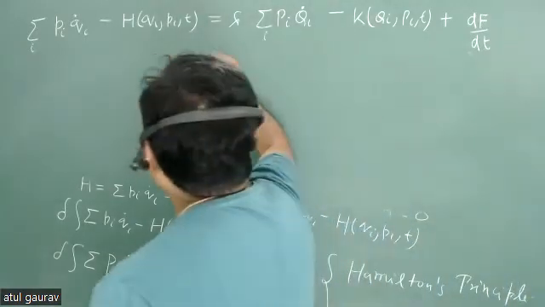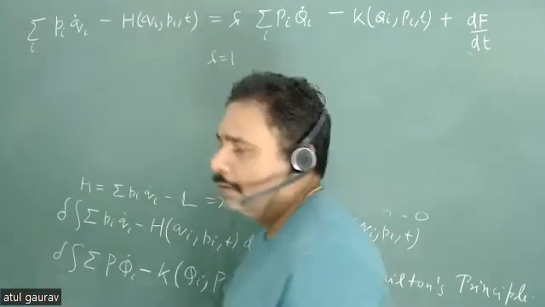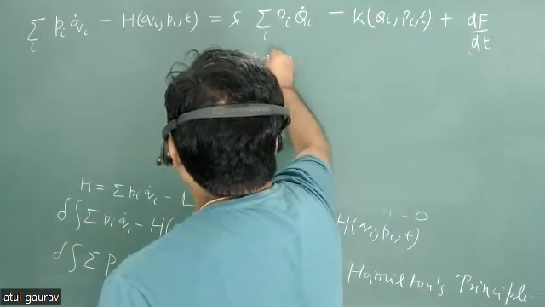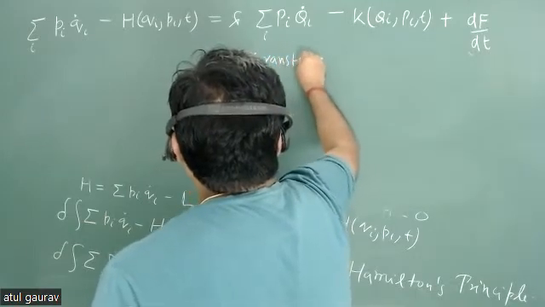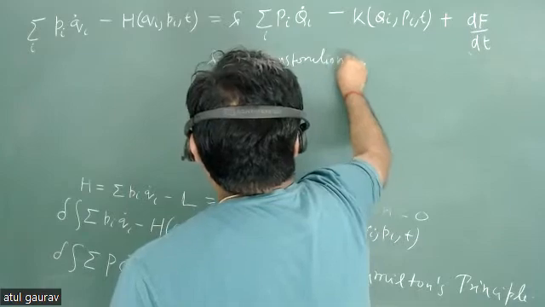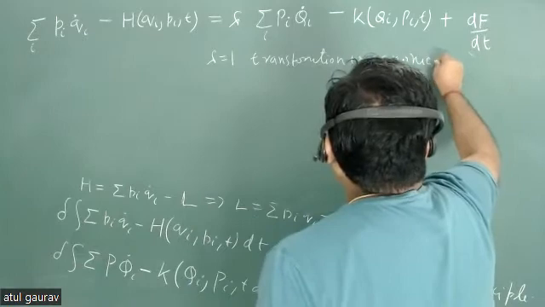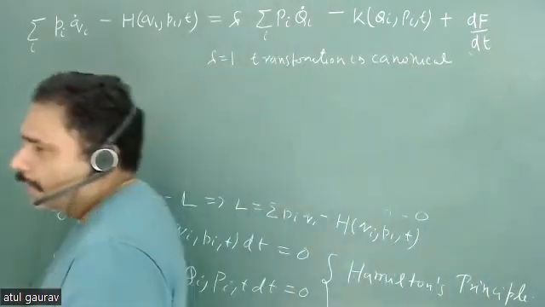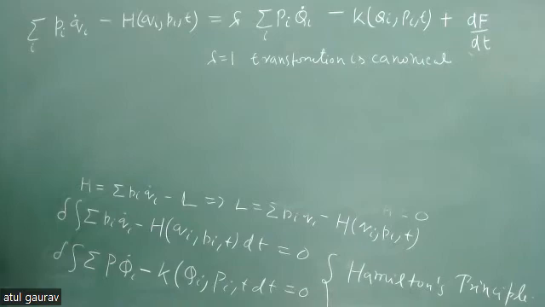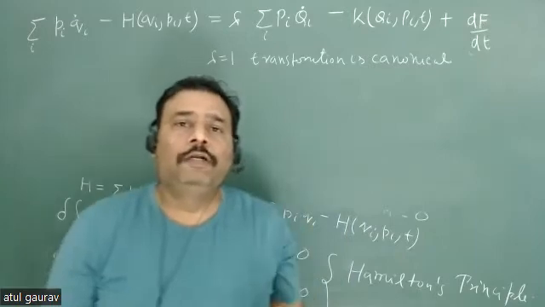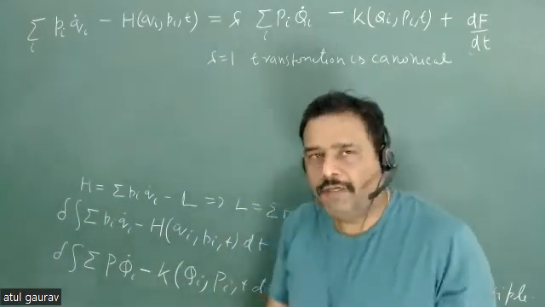And for lambda equal to 1, the transformation is canonical in nature. Are you getting my point? For lambda equal to 1, the transformation is canonical in nature. This is very interesting, and this f will help you to define different types of generating function.